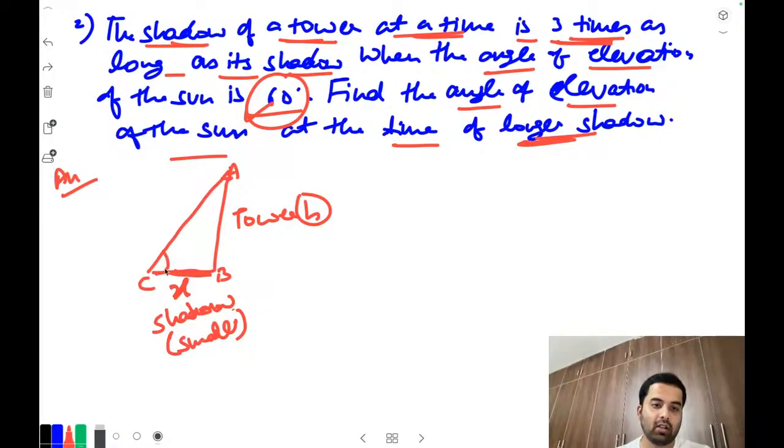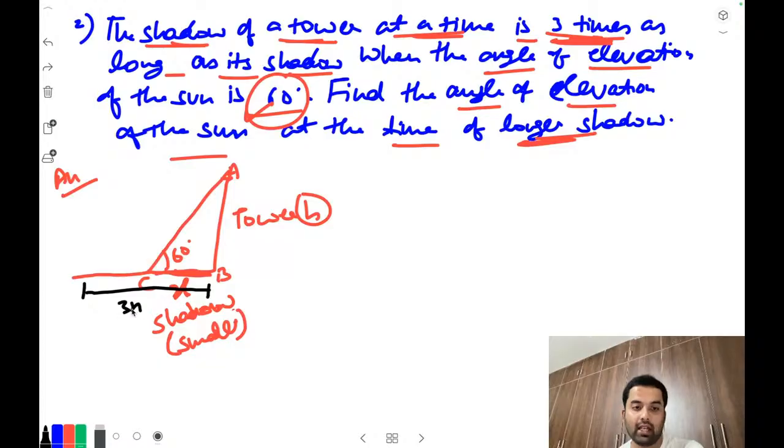Now if we are increasing the shadow part, just take it as a long one. Now this whole becomes 3x, 3 times. Now here again it is making an angle.